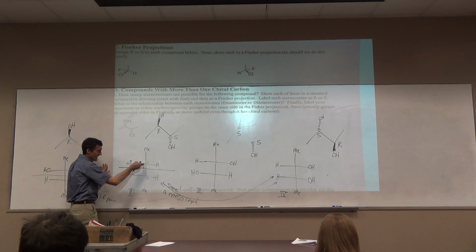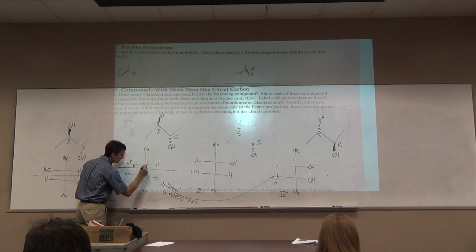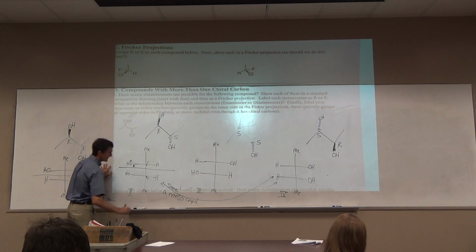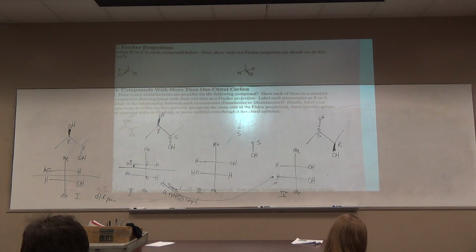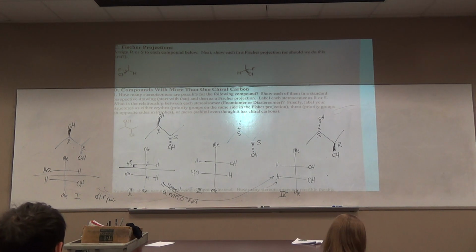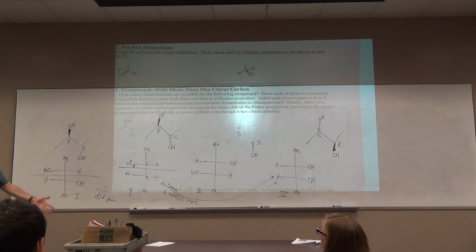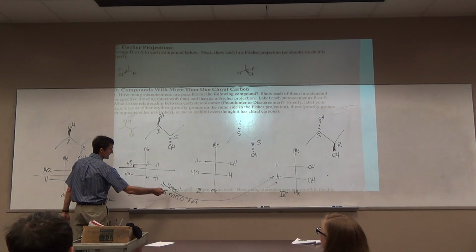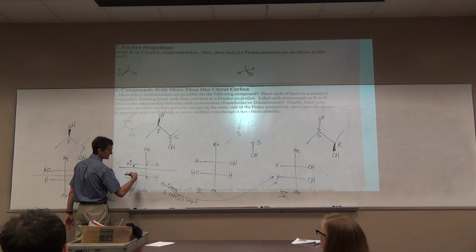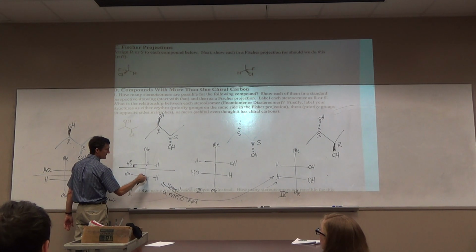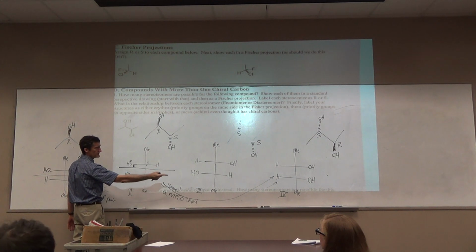That's a compound that has chiral carbons. Yes, it has 2 chiral carbons. Yet as a whole, it's not chiral. Because as a whole, well, the mirror image is the same thing. It's because it has a mirror plane. Chiral carbons, yet because it has a mirror plane, the mirror image is the same thing.